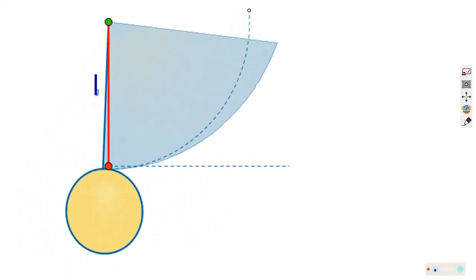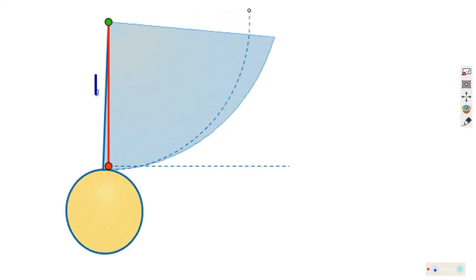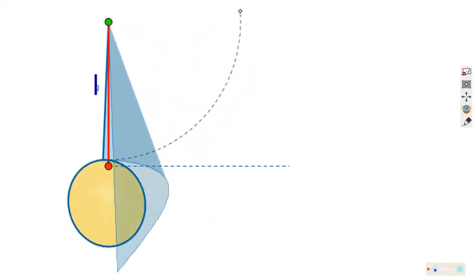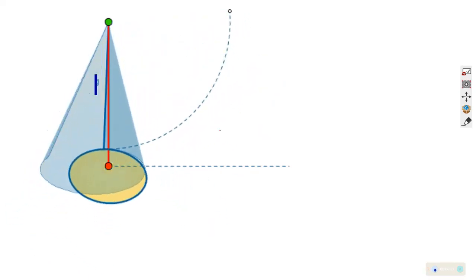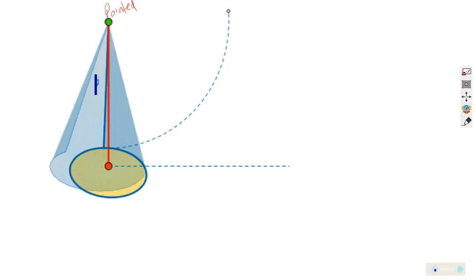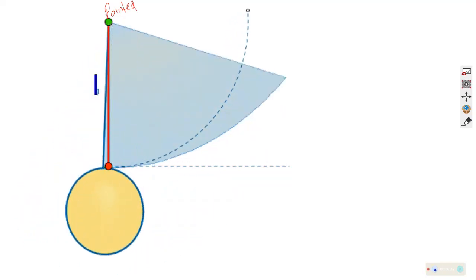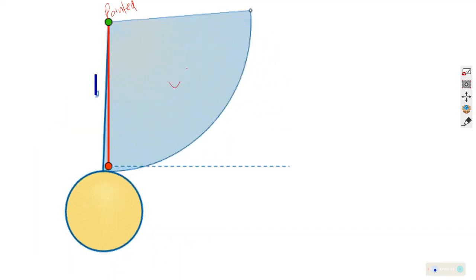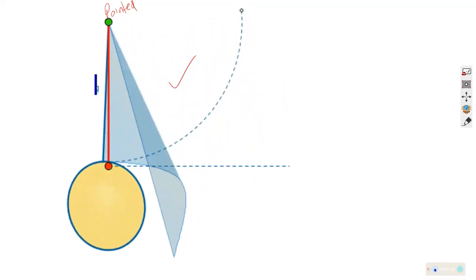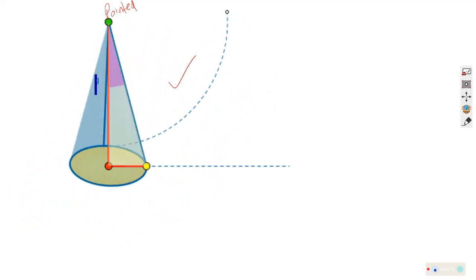You have to look at the motion very clearly. The circular base is covered by a curved surface area and it is tapering here. Tapering means it becomes pointed here. Correct? Understood? So if we can find out the area of this one, naturally we are in a position to find out the curved surface area of the cone.